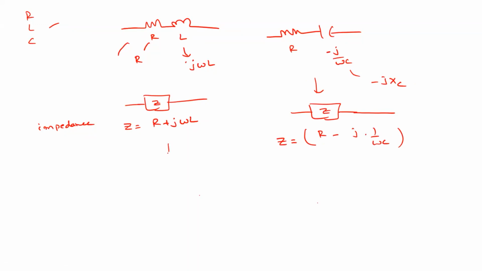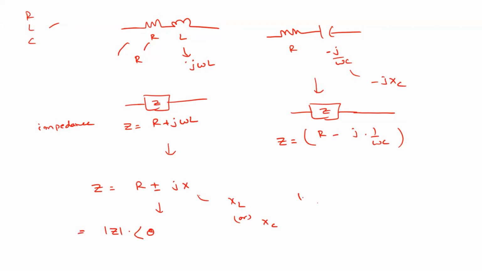So simply, if it is an RL combination or an RC combination, this can be written as Z equal to R plus or minus jX, where X is XL or XC. This can be written in complex form or polar form, that is, mod Z at an angle phi or theta.